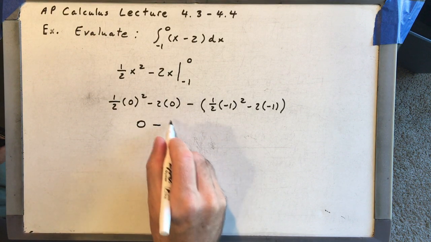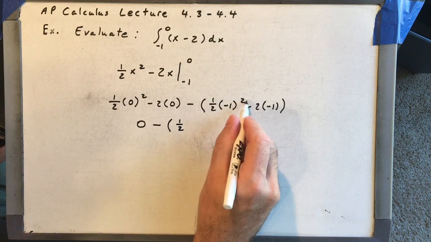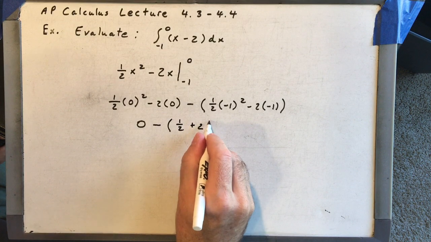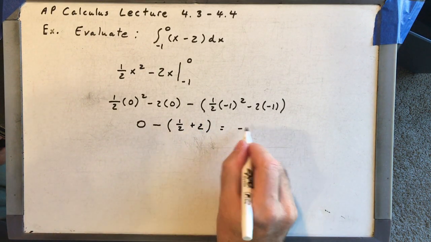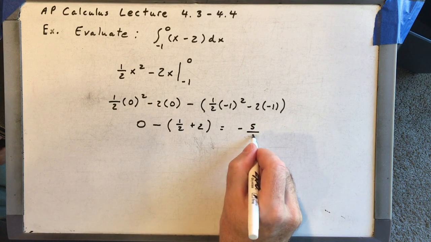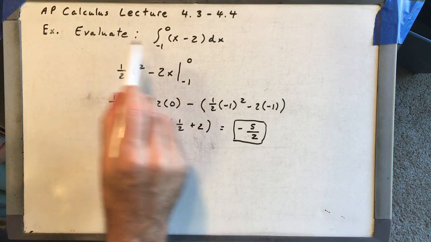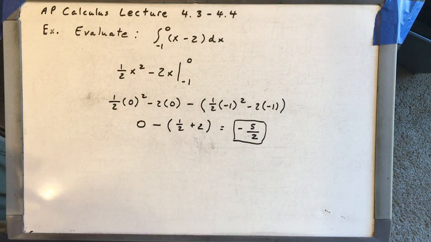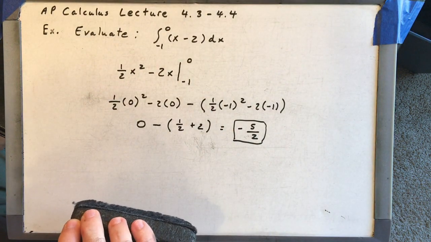So we have 0 minus, okay, that'd be 1/2 because -1 squared is 1, and then plus 2. So that's 0 minus 2.5 or -5/2. All right, areas can't be negative, but evaluating a definite integral can be negative. If it was an area, I'll show you how to fix that in chapter 6, okay?